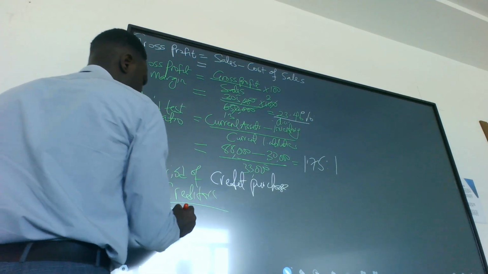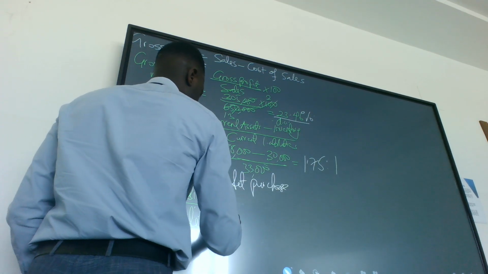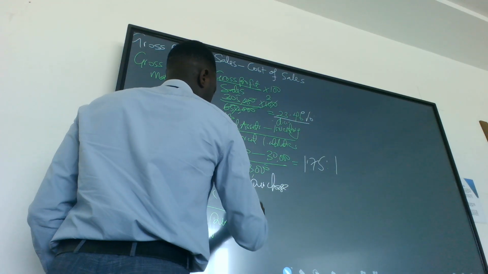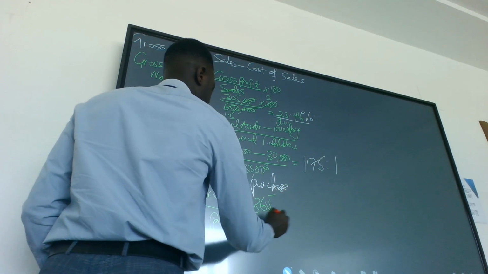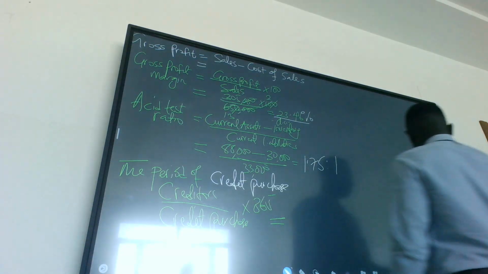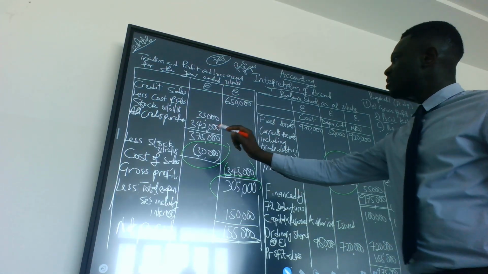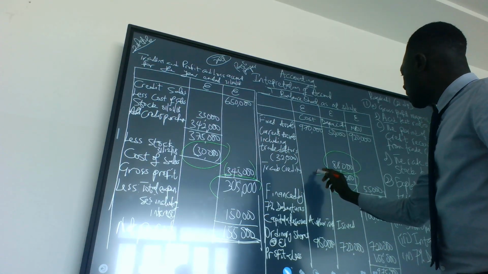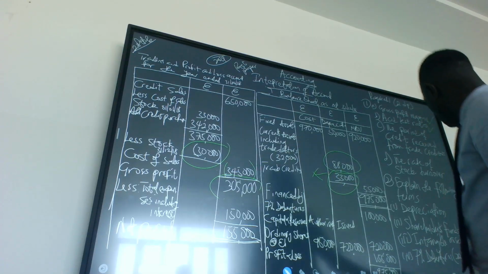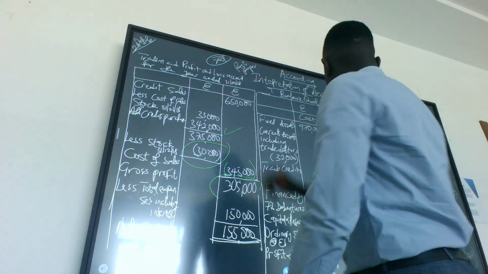Creditors over credit purchase, multiplied by 365. Our creditors are 33,000 divided by credit purchase. Credit purchase is 342,000.